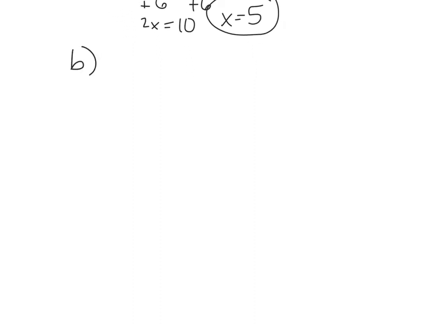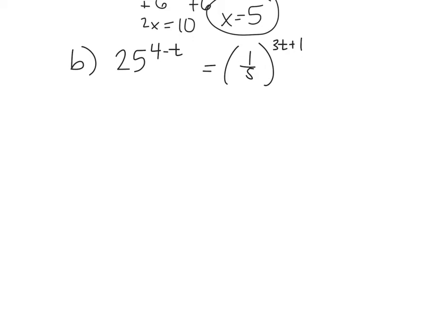So next up I have 25 to the 4 minus t equals 1/5 to the 3t plus 1. Now this one, they do not have the same base. This one has a 5, this one's 25. So usually I try to get the smallest base possible.